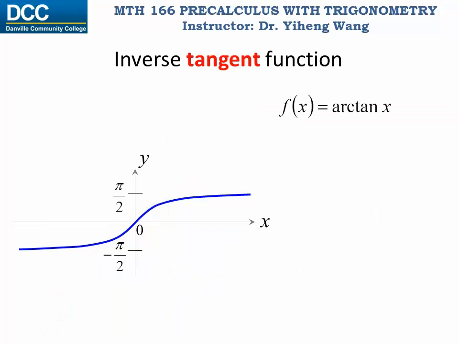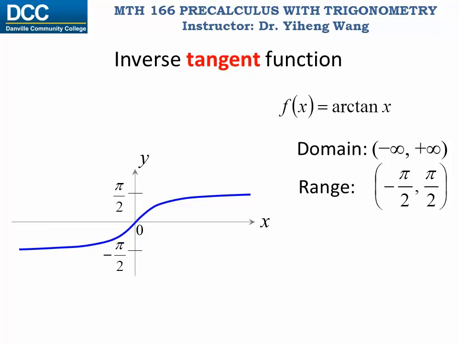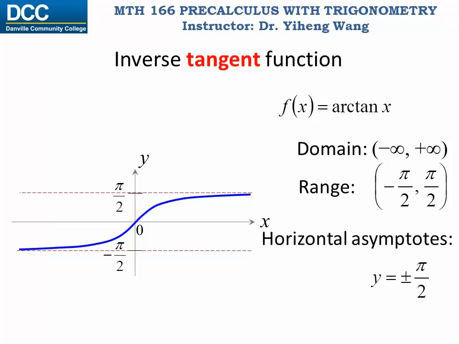Therefore, for the graph of the inverse tangent function, you can see that the domain now includes all real numbers, and the range is the open interval from -1/2 pi to +1/2 pi. And again, it is important to remember the range for the inverse tangent function. Now it has horizontal asymptotes at y equals either negative or positive 1/2 pi.